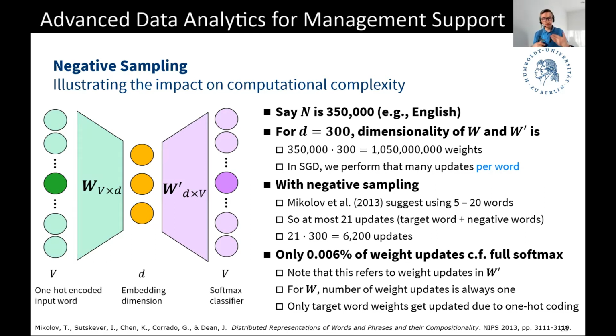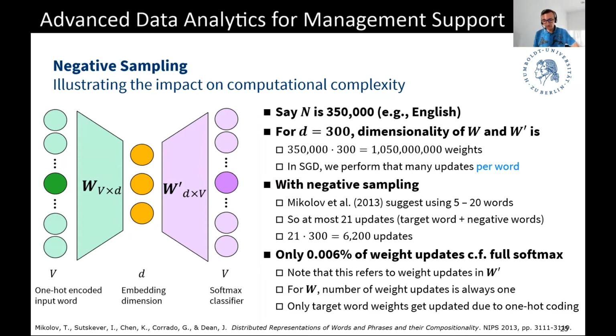And if, on the other hand, you use negative sampling, and well, in the paper, Mikolov et al. were suggesting to use settings of K somewhere between 5 and 20 negative examples. So even in the extreme case of considering 20 negative examples, we have at most 21 updates of the weights.